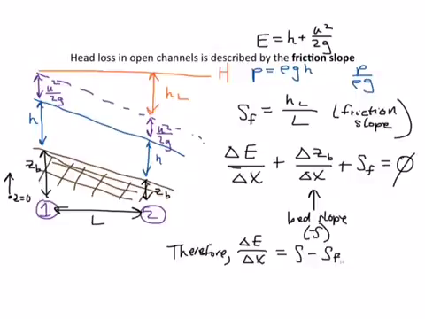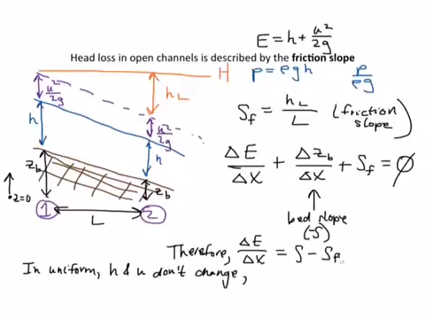Okay, now we can describe a special case. If we have uniform flow, then the depth of the stream and the velocity of the stream don't change as you move from upstream to downstream. So in uniform flow, h and u don't change with distance.